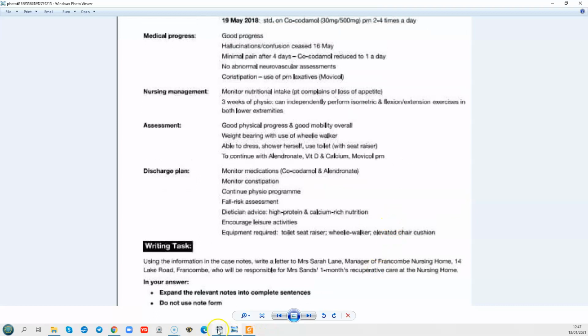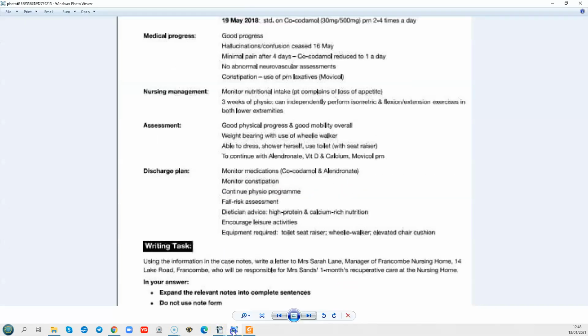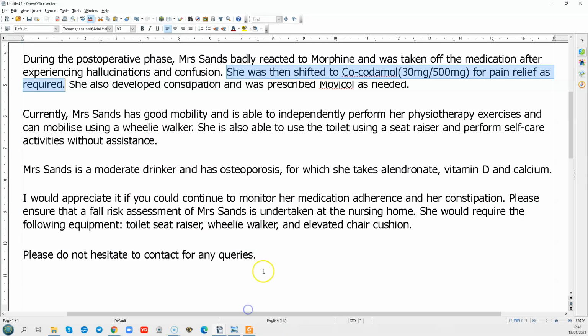So at the bottom you need to put something like, I would appreciate it if you could, and then go through all the stuff that she needs. Please note, certain equipment is required, and so on. Can you also encourage, and that kind of thing.